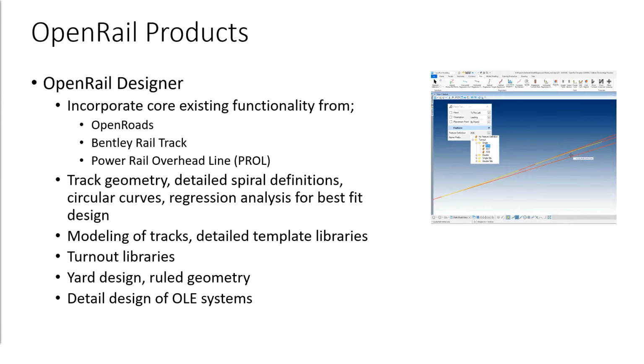You can, of course, do your custom one. And then most important of all, we have an automated turnout ability. That means you just pull out the turnout definition from the library, and then you can start to design it to your main alignments. And then we have the yard design and rule geometry as well. And we can do the detailed design of the overhead line electrical systems.